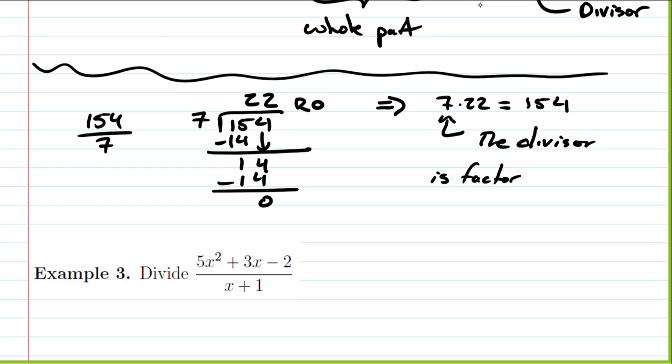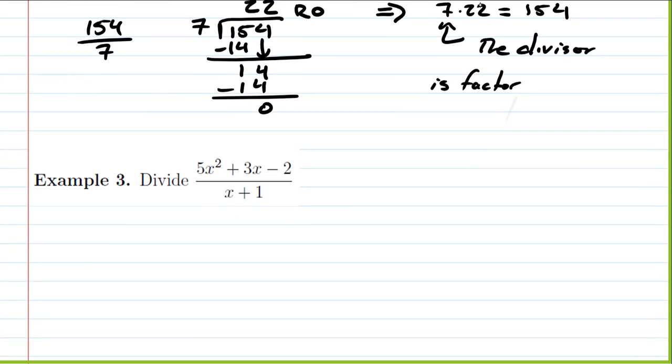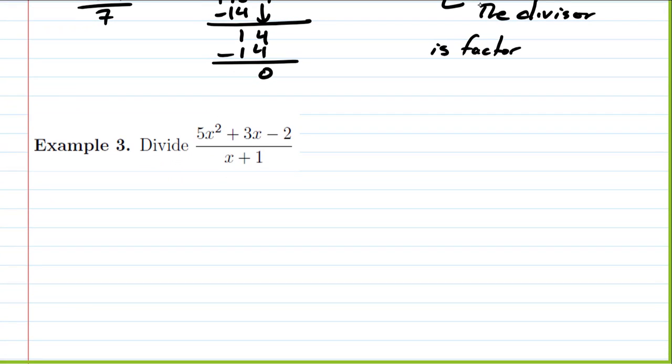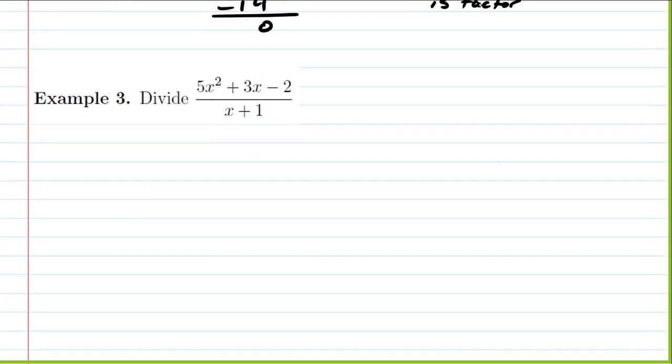So that gives us a factorization. We might be able to factor some of those things further, but if something divides and has a remainder of 0, that means that it is a factor of the original number. Well, let's see what happens when we do this long division.